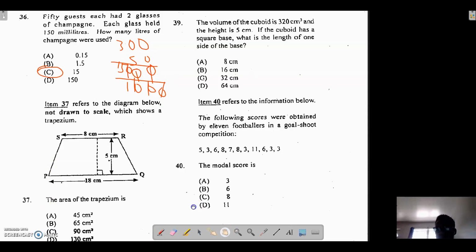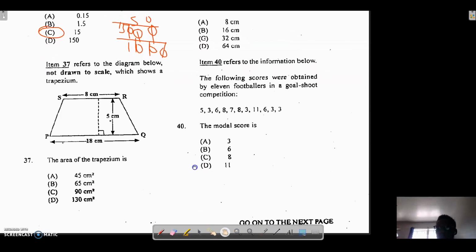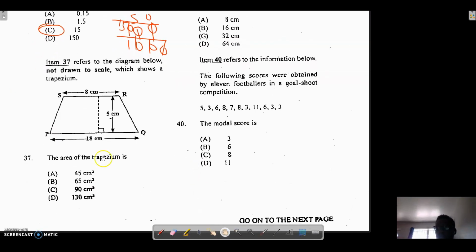Okay, moving to question 37, which refers to the diagram below, not drawn to scale. It says the area of the trapezium is. Now, to get the area of the trapezium, it's half (A plus B), where A and B are the 2 parallel sides, which would be this side and this side. So it's 8 plus 18 times the distance between the 2 sides, which would be 5.